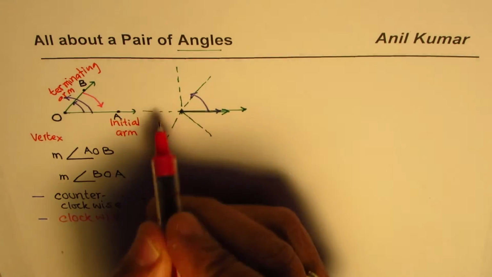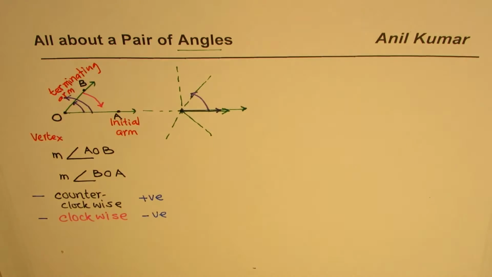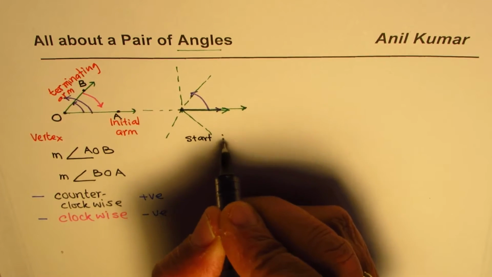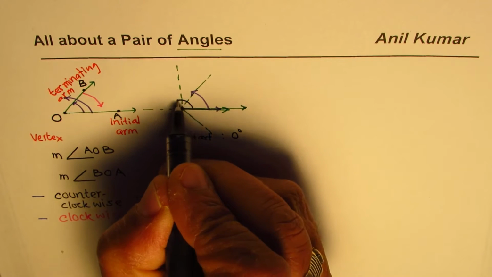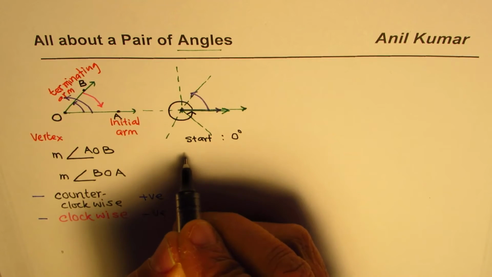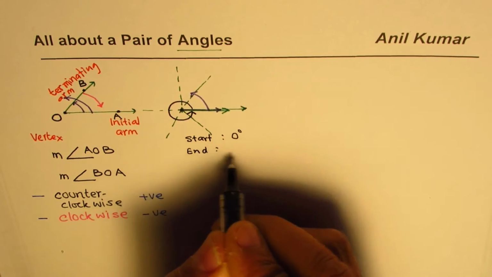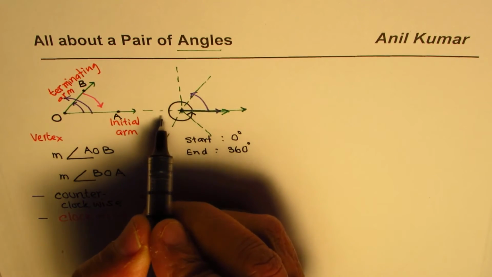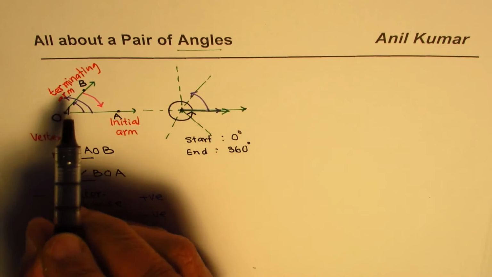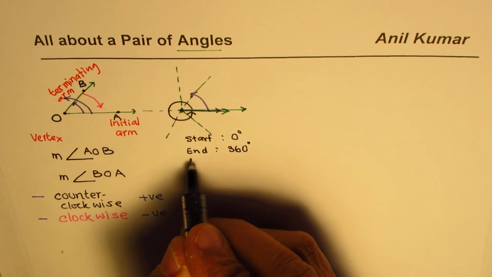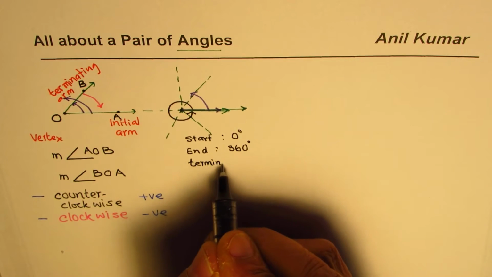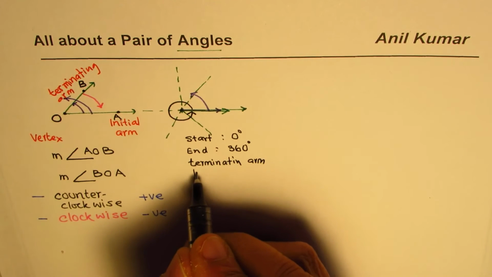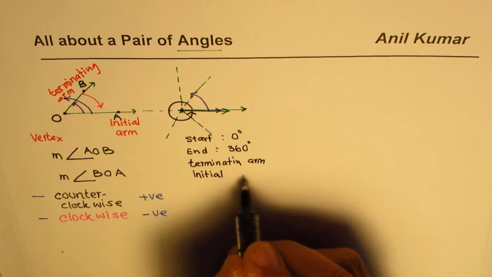So what we notice here is that the angle starts from 0, for example, start from 0 degrees, and when you make a full circle, it will end at 360 degrees. Well, if you see, 0 and 360 degrees means that terminating arm and initial arm coincide.